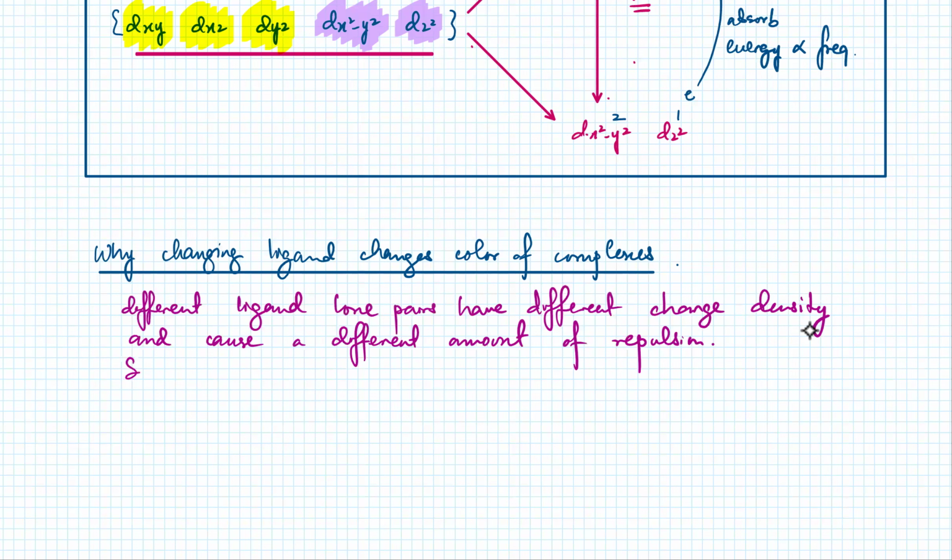So the energy gap delta E created when the d subshell splits is different.